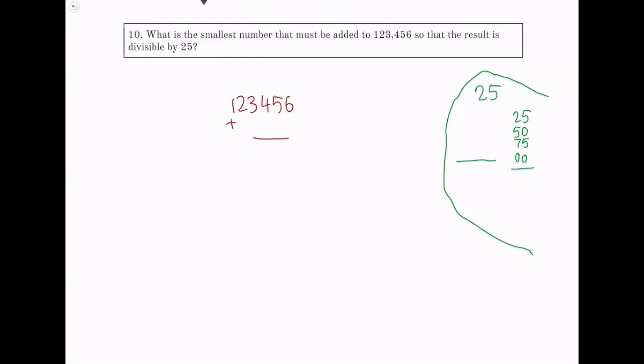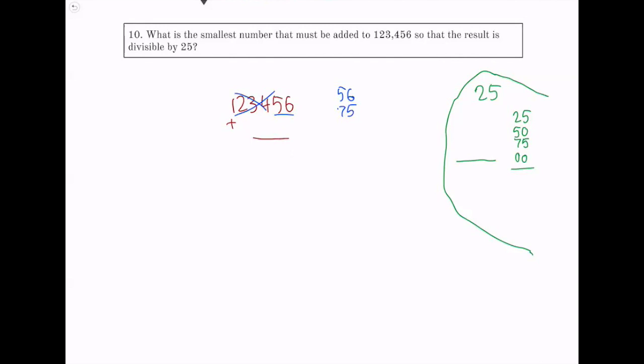So what can we add to get it to be like that? The smallest number. Well, you can see that 56 is almost at 75. It's the closest one that's the smallest value just a little bit above 56. The last 2 digits again, because we don't care about those.